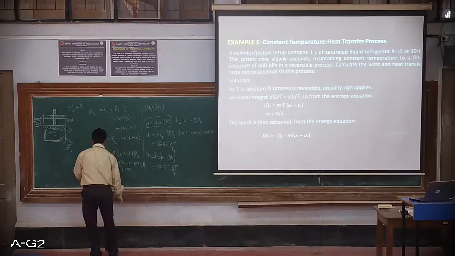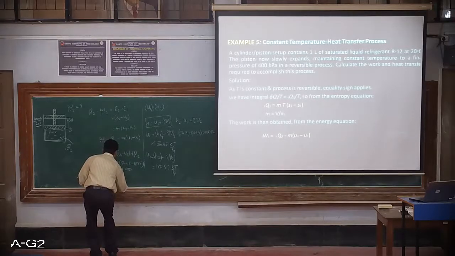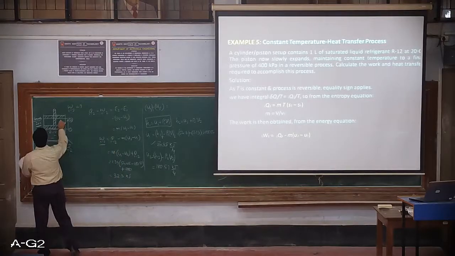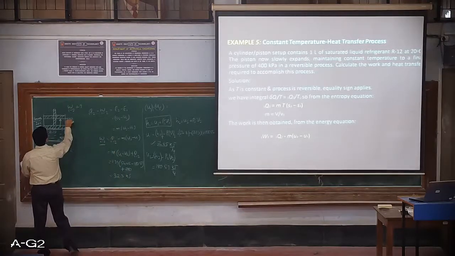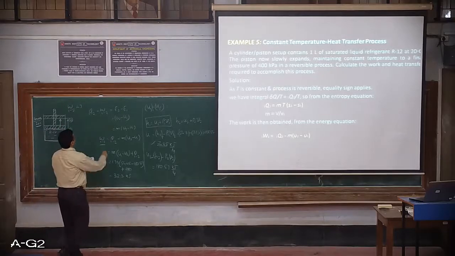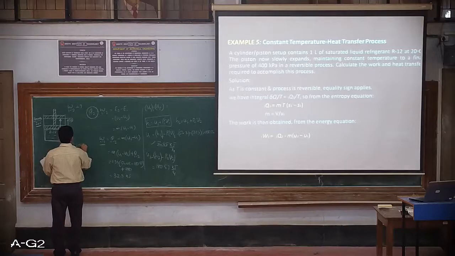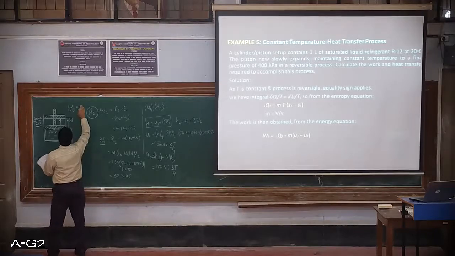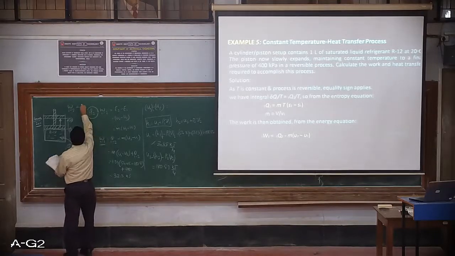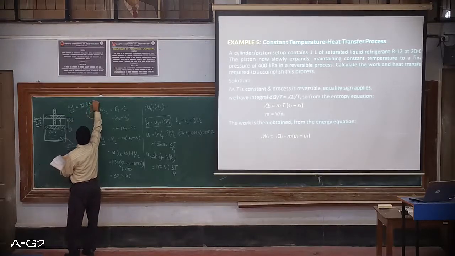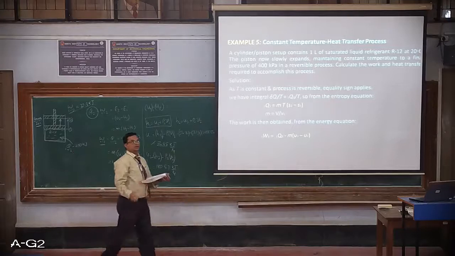So that sums up to 32.3 kilojoules of work done in moving the piston from state point 1 to state point 2. Thus we obtain the heat transfer, which is 200 kilojoules, and the work transfer to be 32.3 kilojoules. Okay, so this is the solution.